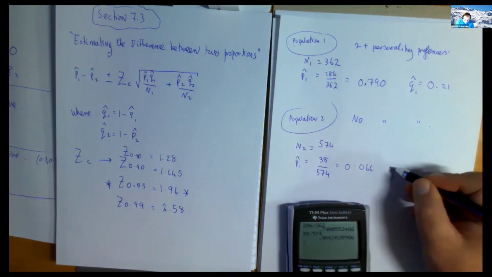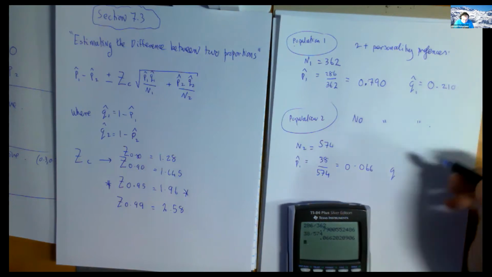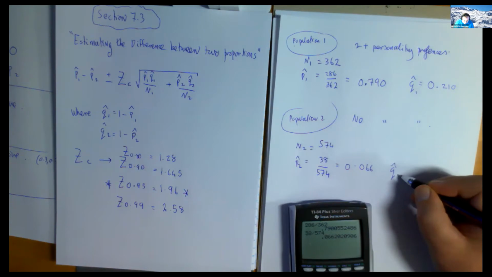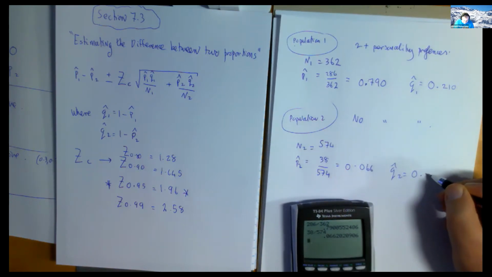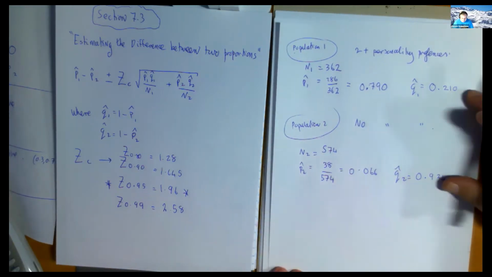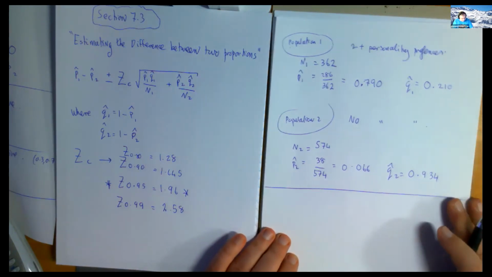Now what does that make? Let's find out what Q hat 2 is. 0.934. Gotcha. Right, so that's basically getting all the numbers that we're going to use. Now we'll put them together as a package.